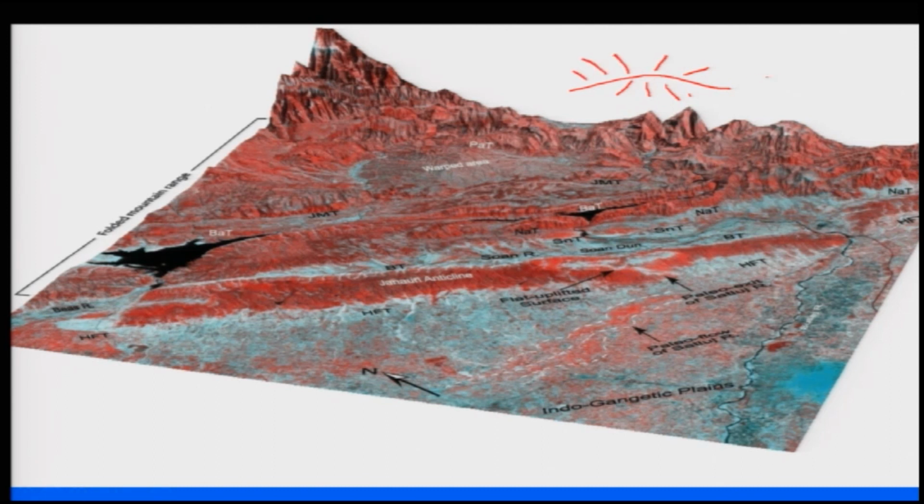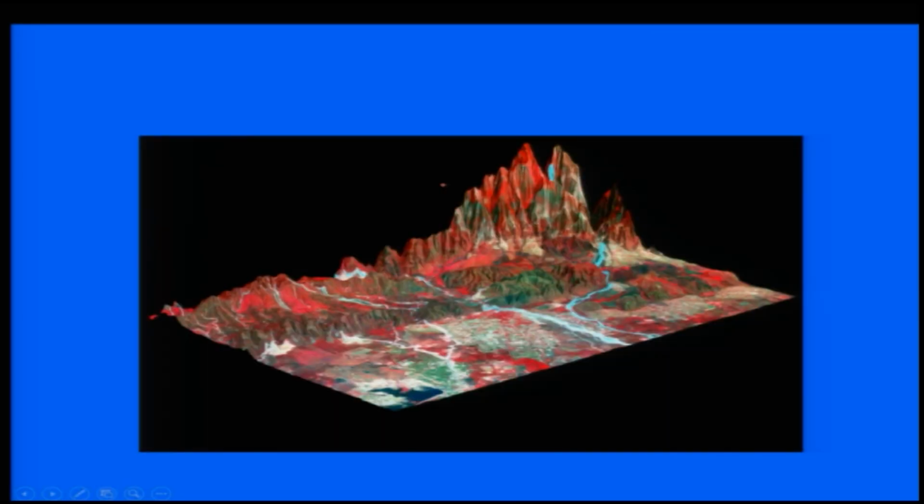Okay. So, this becomes a sort of warped or deformed area. This also helped in identifying the features we see on the surface and what the drainage has to tell us about the subsurface features.